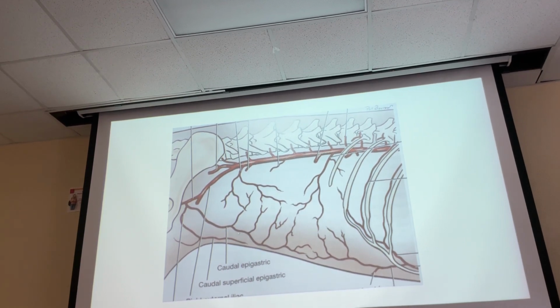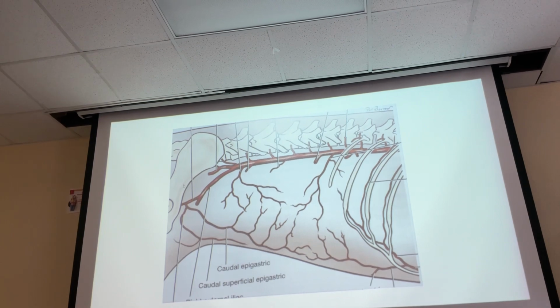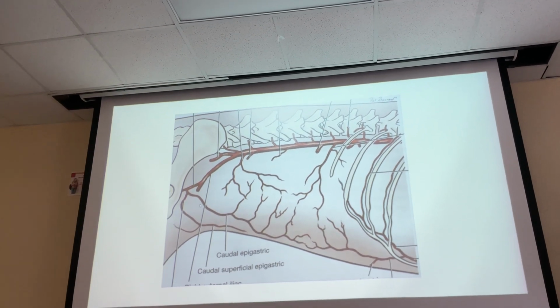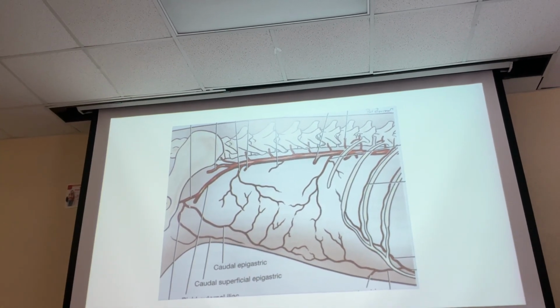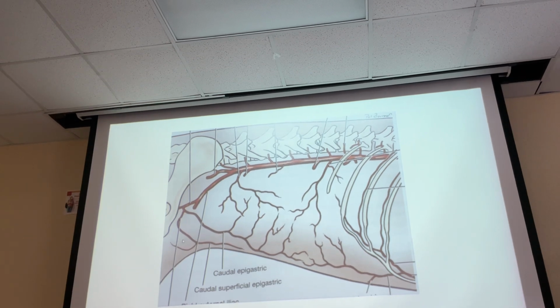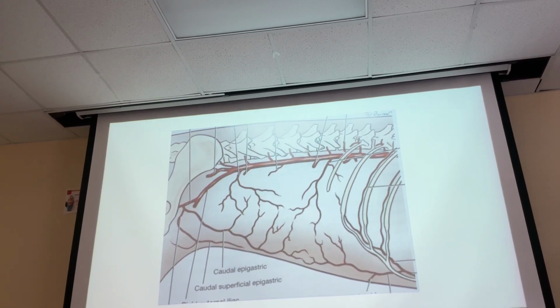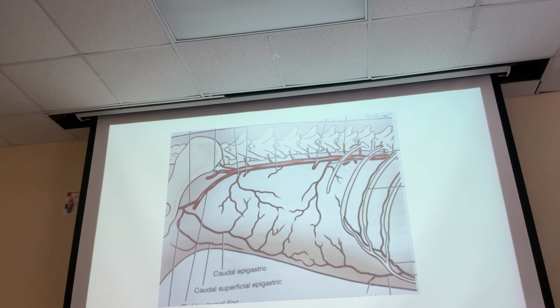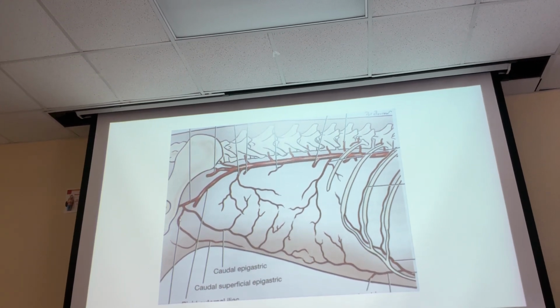The story is a little bit different on the caudal aspect. Okay, now, through the superficial inguinal ring, the external pudendal artery will come out through the superficial inguinal ring. Okay, now, the external pudendal will give two major branches.